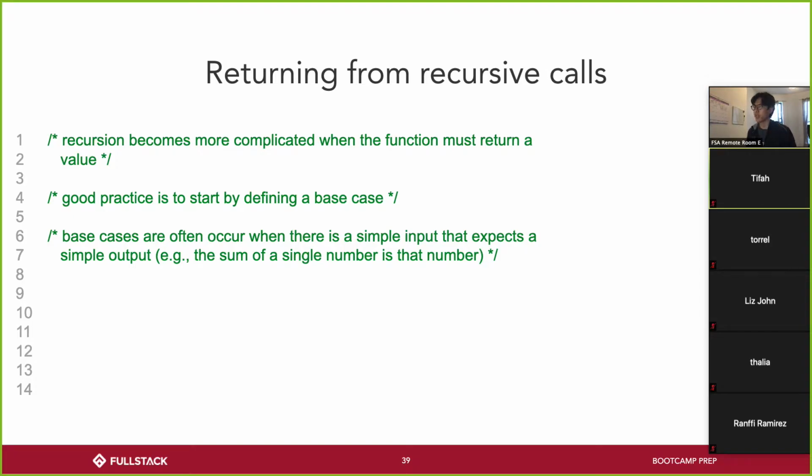Again, we need a base case, and base cases often occur when there's a simple input that expects a simple output. For the example of a sum, the sum of an array of 1 is just that number. Simple input to simple output, that's usually our base case. We want to test that the base case works before working with the recursive case.